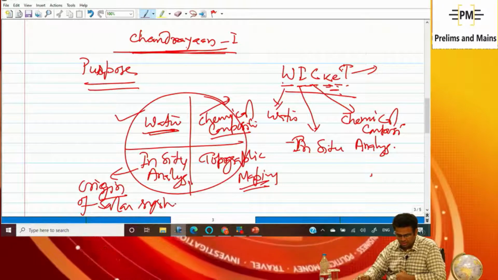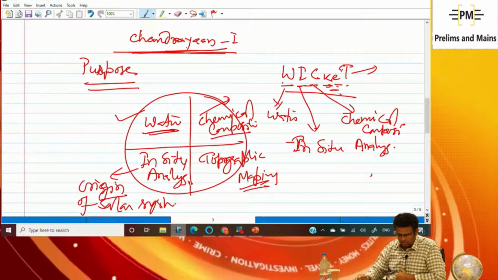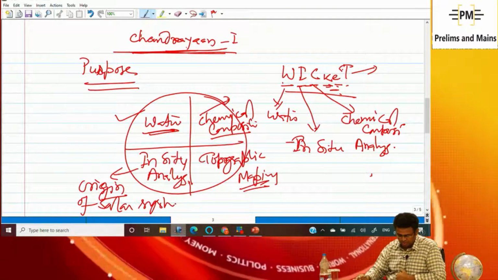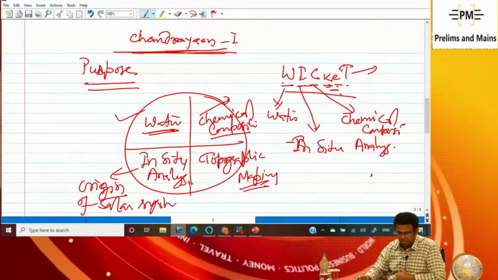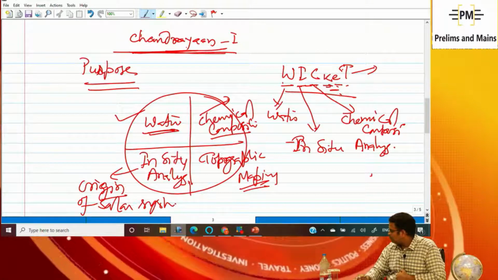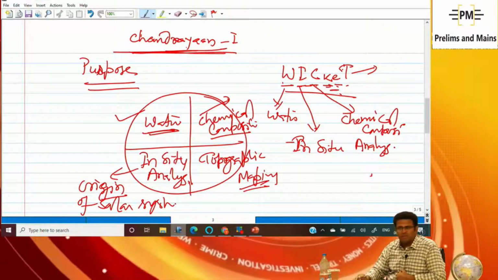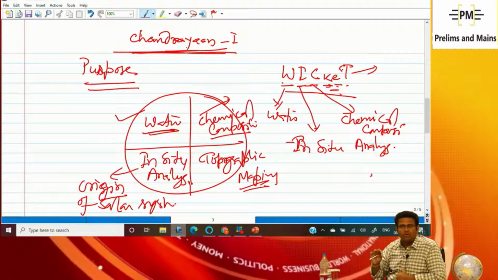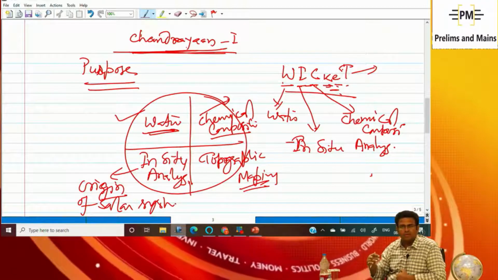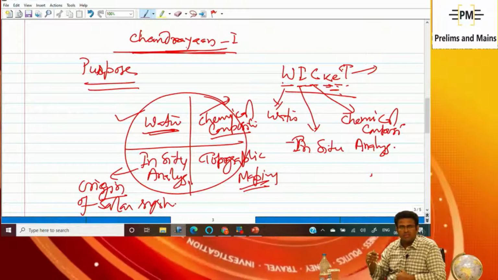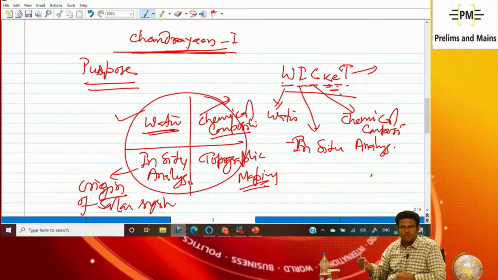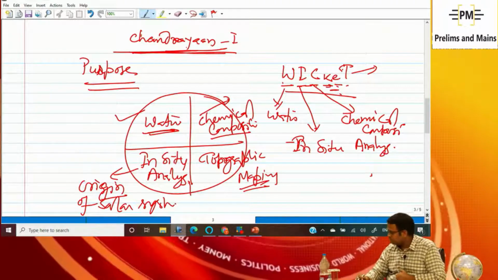So 2008 is Chandrayaan 1: W for water, I for in situ analysis meaning origin, C for chemical composition, and T for topographic mapping. PSLV C11 means first PSLV, second CLB, and C for commercial aspect. PSLV C means commercial aspect. Since when did we start the commercial aspect? C for commercial.